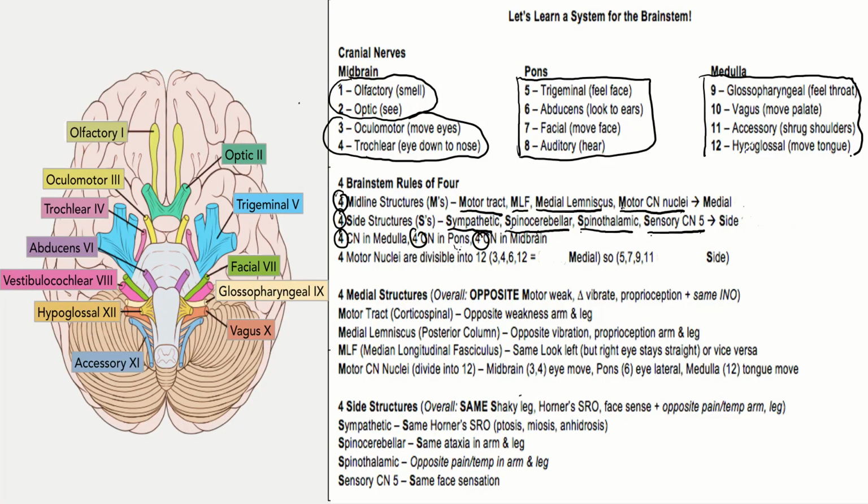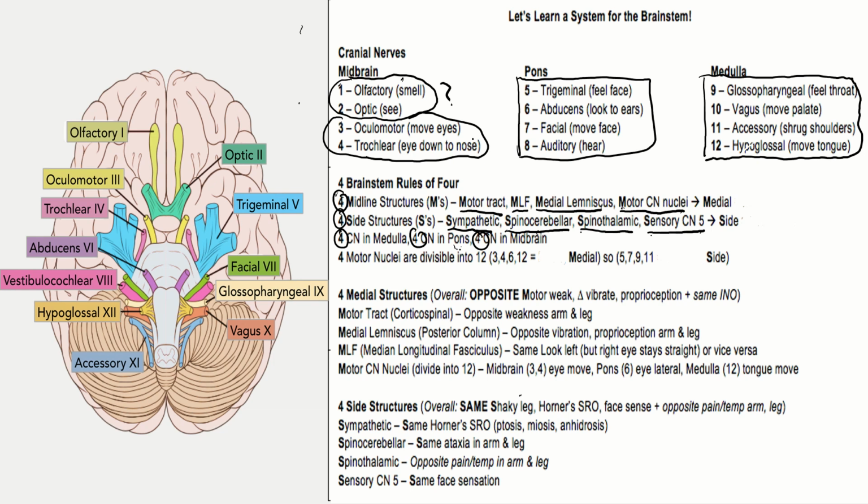All right, so there are somewhat nuances, where 1 and 2 really aren't in the midbrain. You can remember it as such, as it's easier to get them into 4 per spot. And it divides pretty nicely. When you're going over the 12 cranial nerves, this makes it a lot easier to know where it was and to localize a lesion as well.